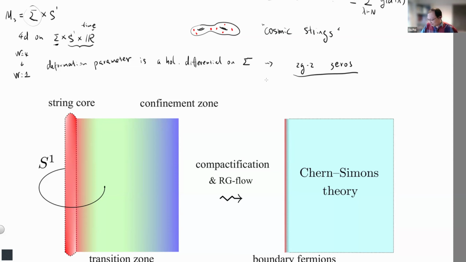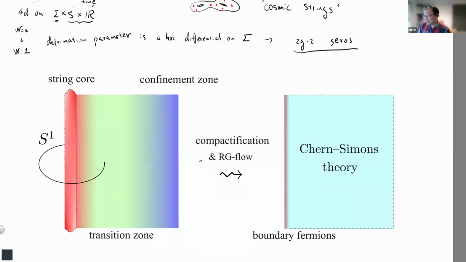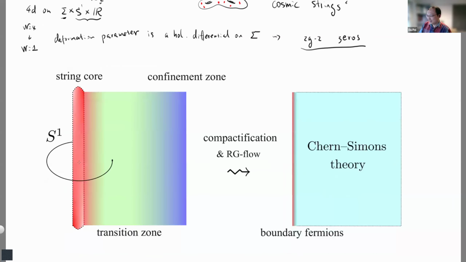So then we need to understand what's going on with the cosmic strings. So this is an illustration of the string. I'm drawing the time direction. And well, there's an S1, but that's not exactly the same S1. So that S1 is suppressed. So I'm only drawing the string as a one-dimensional object.